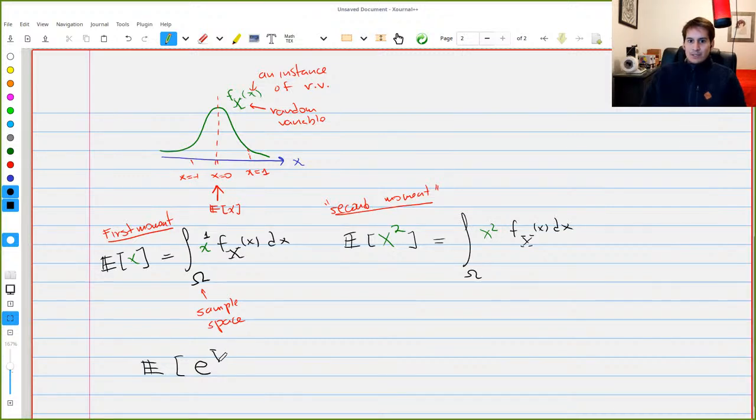So, well, the moment generator function is this. The expected value of e to the x t, and t is an additional parameter.